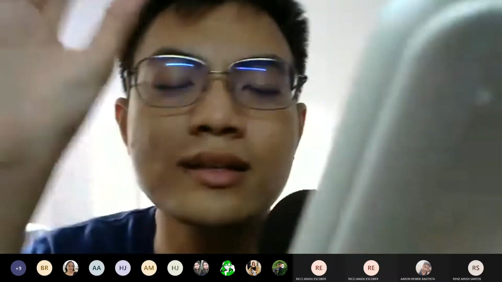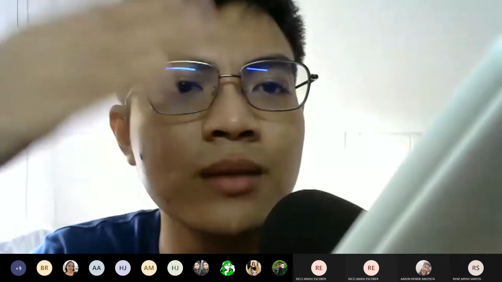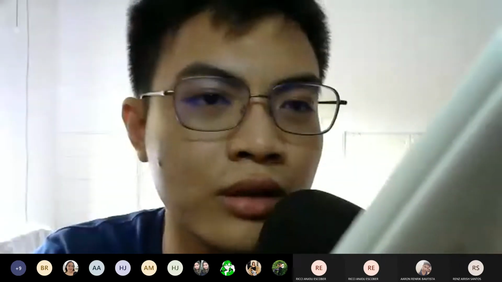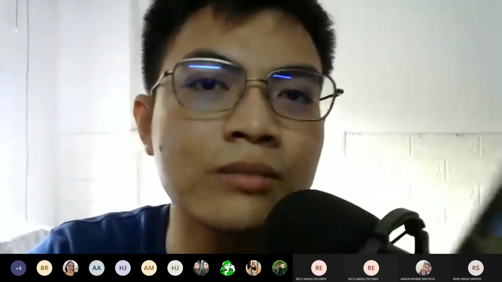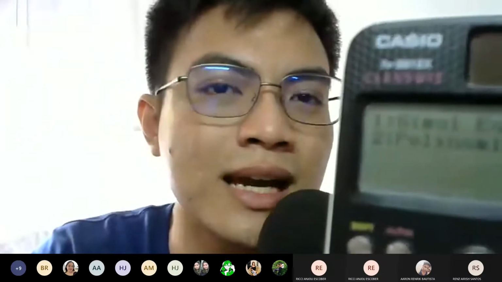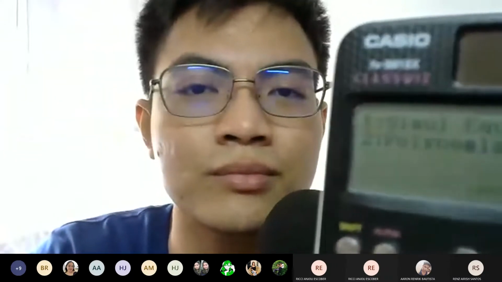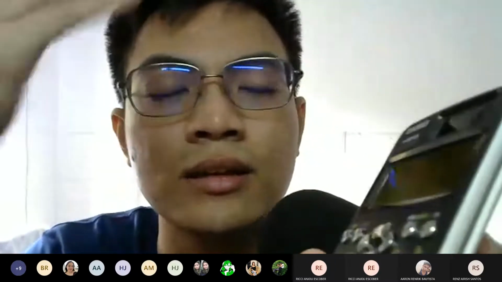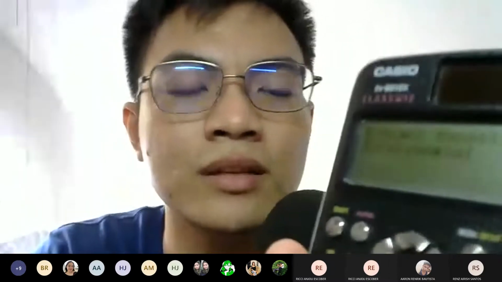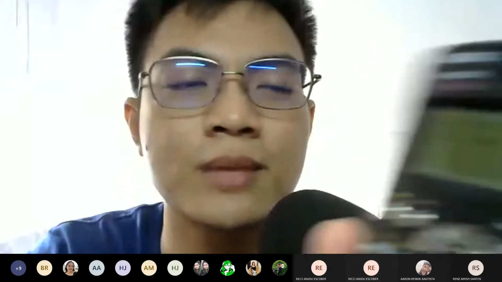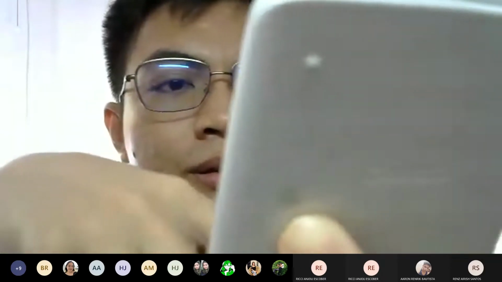Then press the equal sign. Once you select the equation, you are given two options: simultaneous equation and polynomial. The polynomial you can use for the ICE table in equilibrium, which we used in the lecture earlier. But in this case, in gravimetry, we will use the simultaneous equation instead.